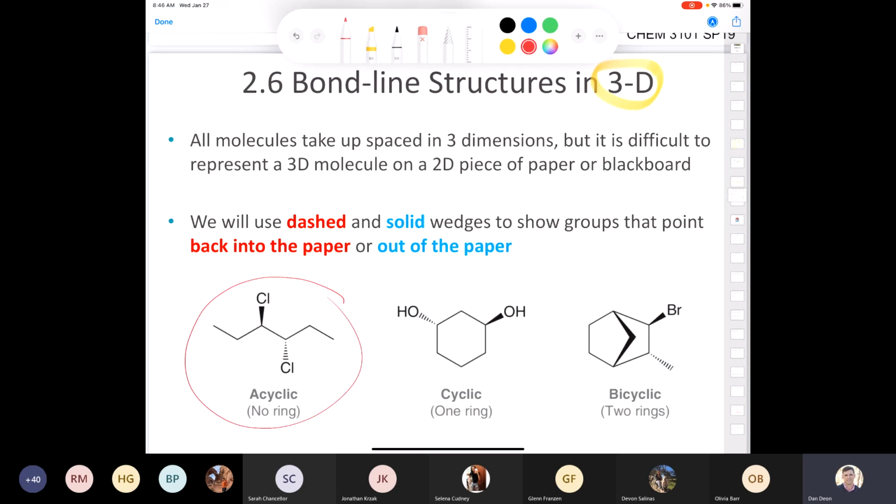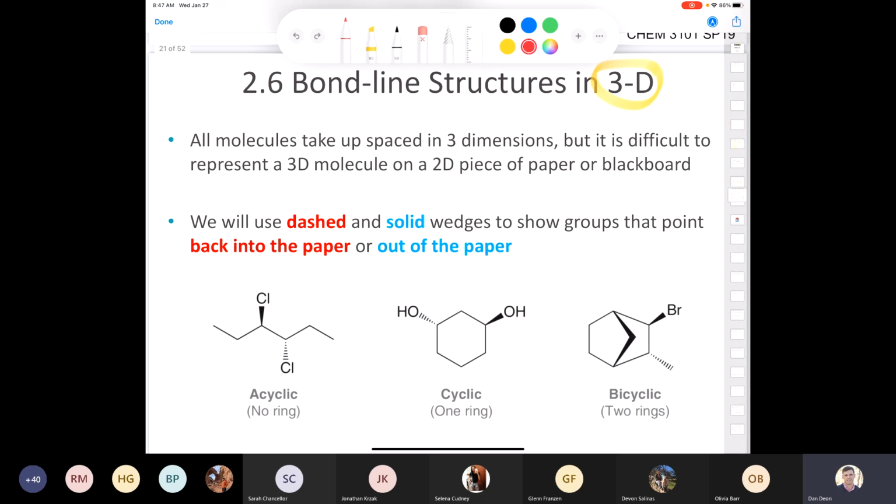Let's do a pop quiz. This compound that I just circled in red, could anybody tell me how many carbons are in this molecule? That's not a trick. Six, exactly. There are 6 carbons in that molecule.